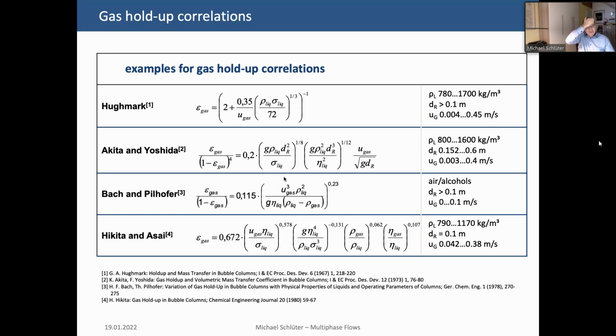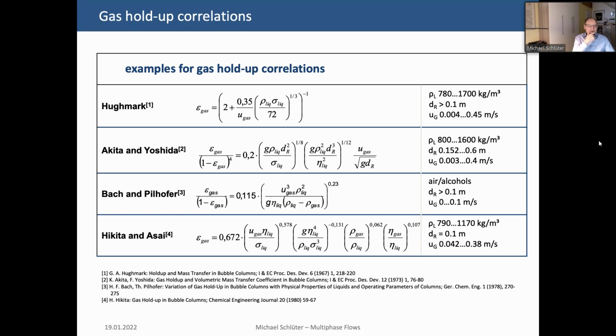So if you have physics inside of the correlation, like in this case here, or Akita and Yoshida, then it's much more probable that you will be able to transfer the equation. Here, for example, this seems to be applicable to different surface tensions.